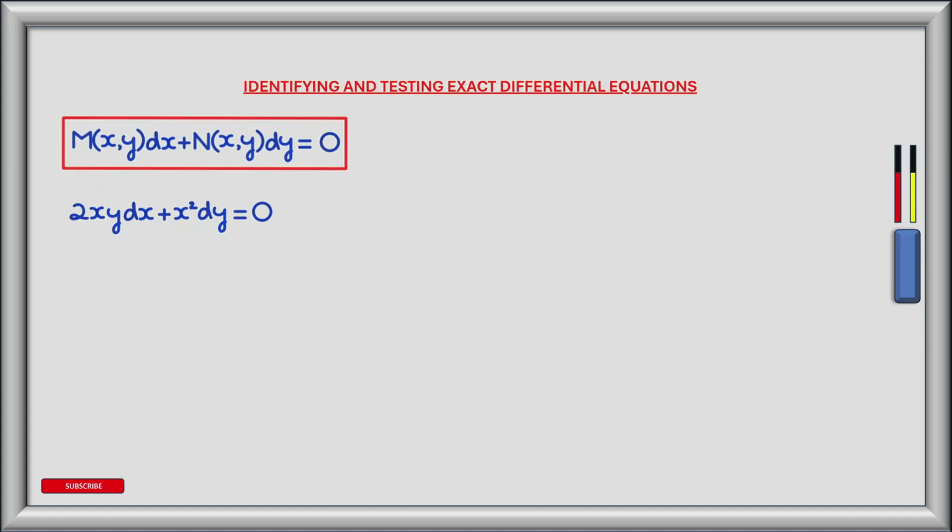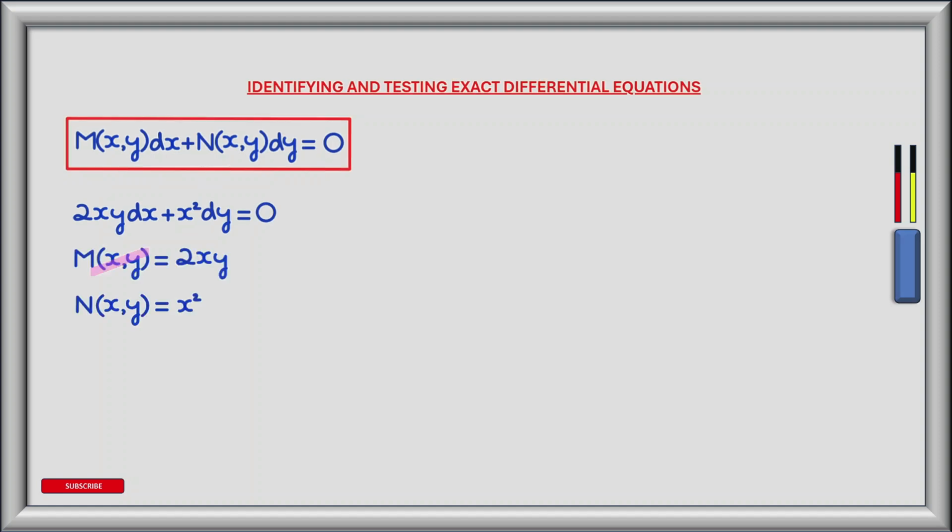So let's start with the differential equation 2xy dx plus x squared dy is equal to 0. The first thing to observe is that it appears to be in the correct form for an exact differential equation. So m dx plus n dy is equal to 0. So m in this case is 2xy and n is equal to x squared.